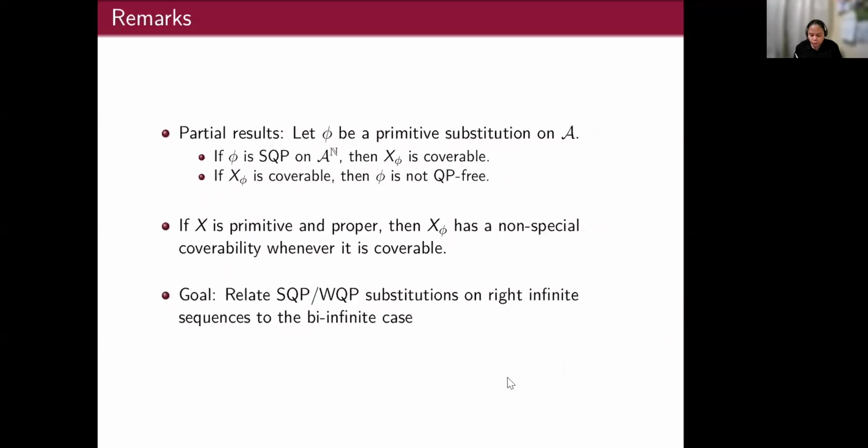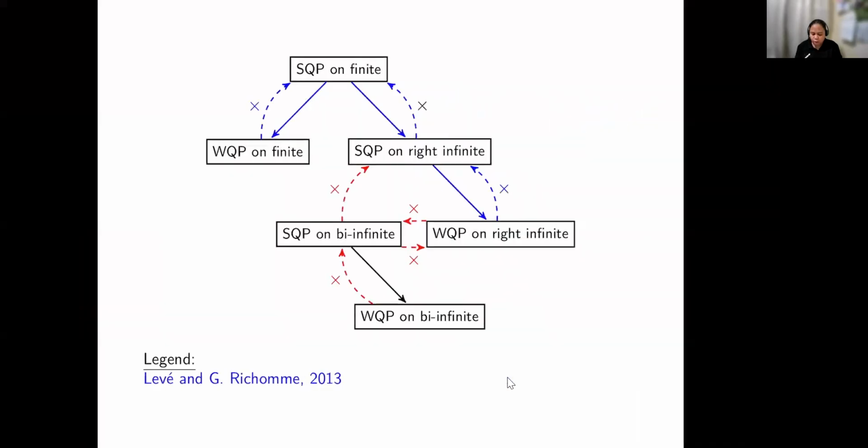One of our goals is to relate the types of quasi-periodic morphisms on the right infinite sequences to the bi-infinite case. In the work of Levé and Richomme in 2013, they were able to show these assertions on SQP and WQP on finite words, and SQP and WQP on right infinite sequences.